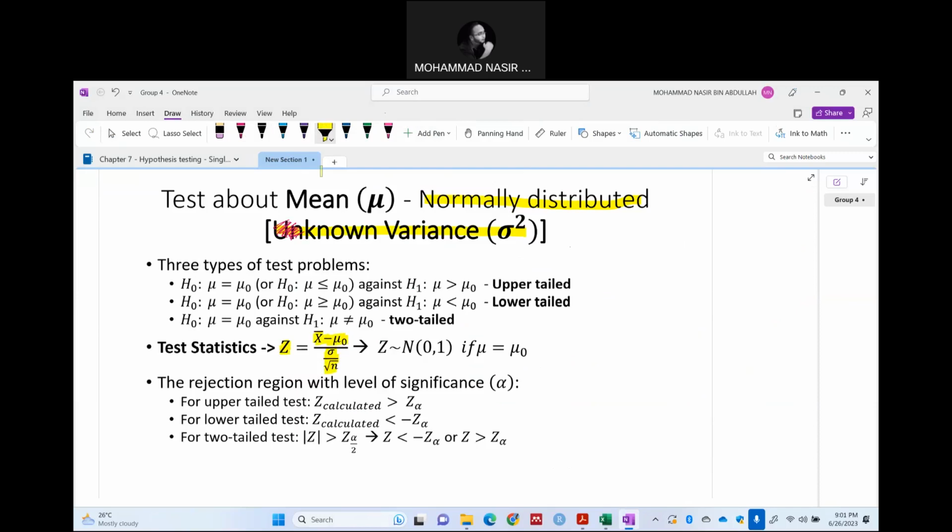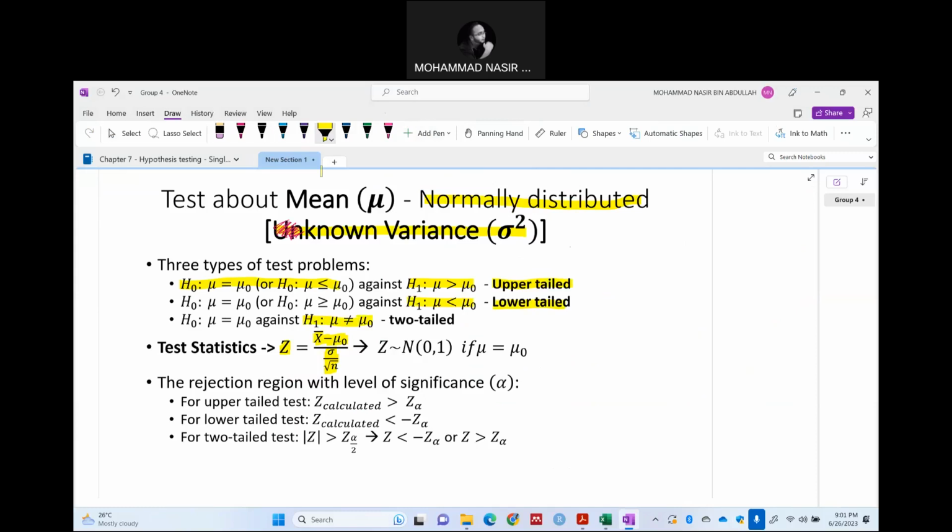When the alternative hypothesis is more than, it should be on the right hand side. Alternative hypothesis less than, left hand side. And when we have an alternative hypothesis not equal, it should be a two-tailed test.